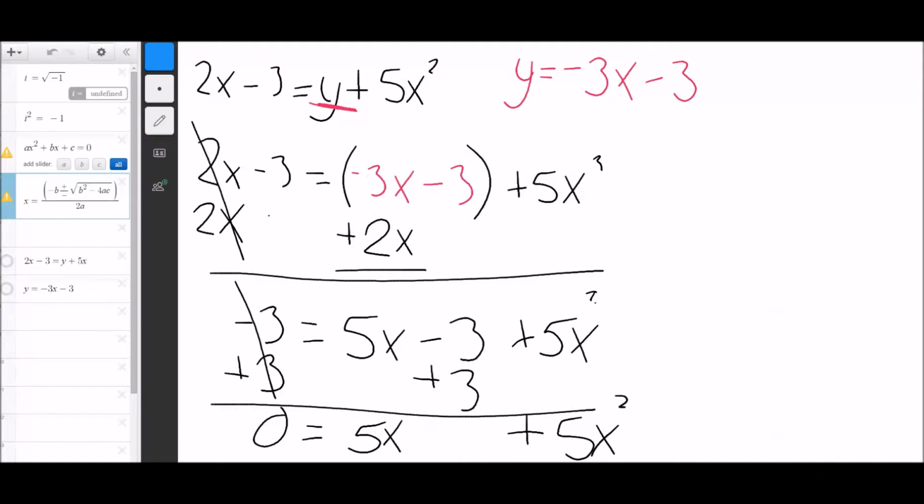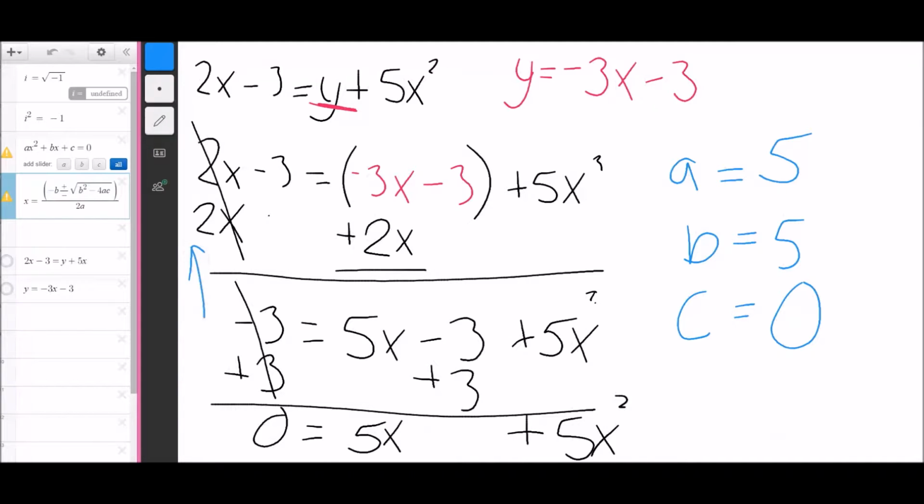Okay, so our A is going to equal 5, our B is going to equal 5, our C is going to equal 0. This is referring to the method over here on the left hand.